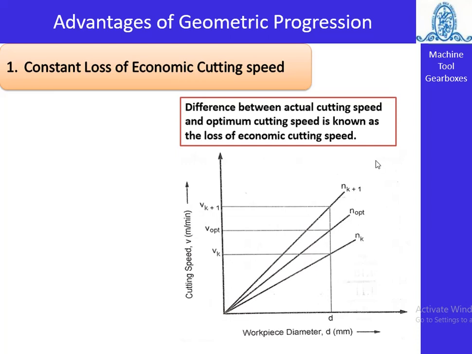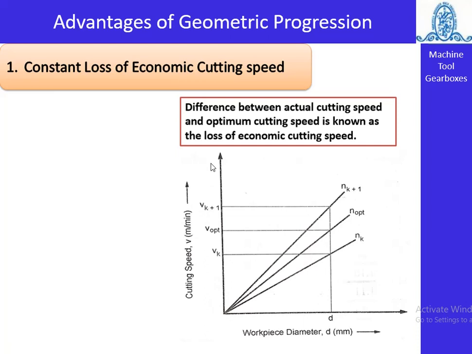The first advantage of geometric progression is constant loss of economic cutting speed. In that case, what happens? The difference between the actual cutting speed and the optimum cutting speed is known as the loss of economic cutting speed. We draw a graph with the cutting speed available on the y-axis and the workpiece diameter on the x-axis.